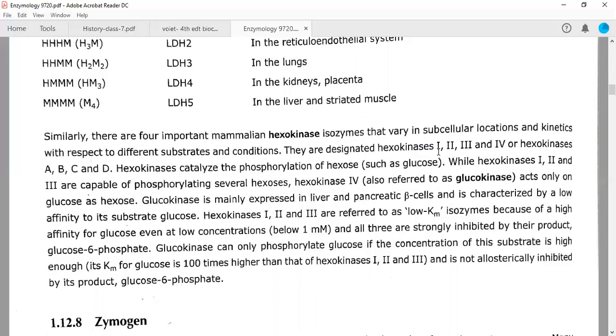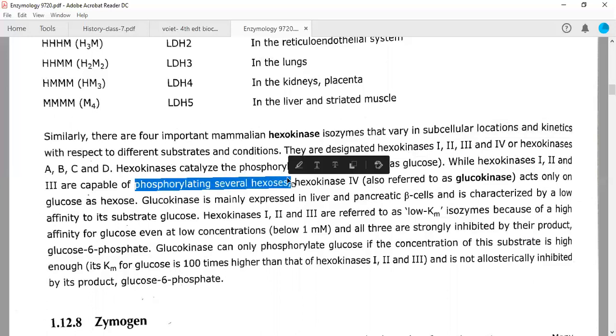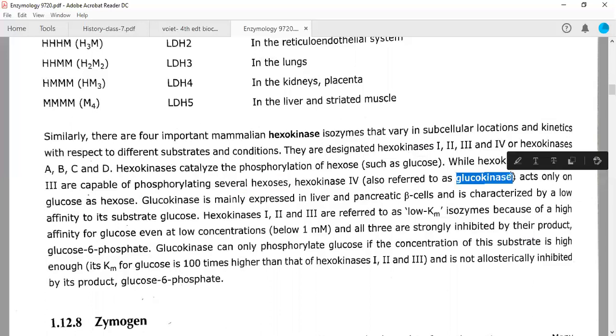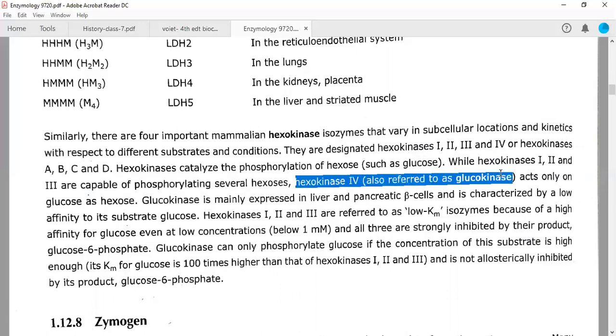These three hexokinases are capable of phosphorylating several hexoses, whereas the fourth one, hexokinase D or hexokinase 4, is very specific. This is termed glucokinase because it specifically phosphorylates glucose, acting only on glucose as a hexose. So this one is very important. Hexokinase 4 is actually called glucokinase. You should remember this line.